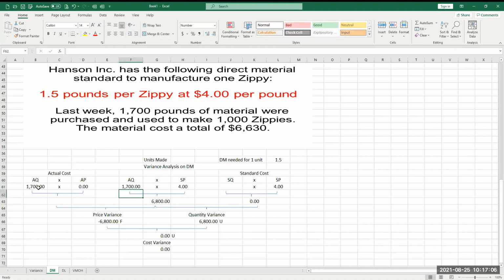What else do I know? Do I know the units that I made? Yeah, 1,000. Since I know the units that I made, can I calculate, for those units, based on my standards, how many pounds of material I need? Can I calculate that number?